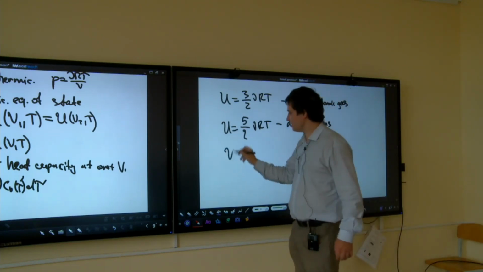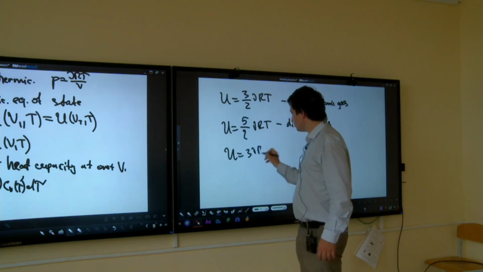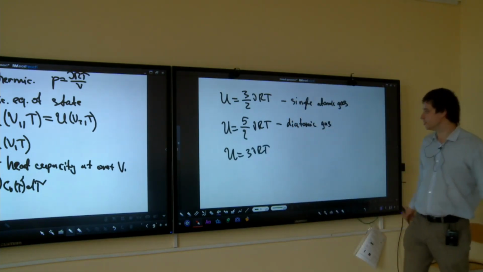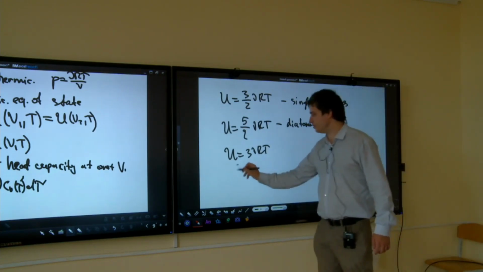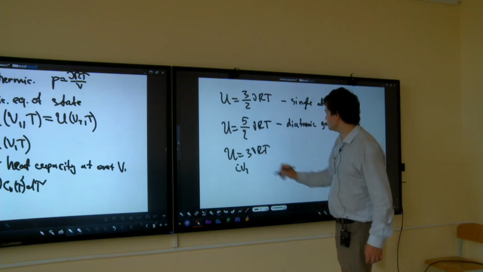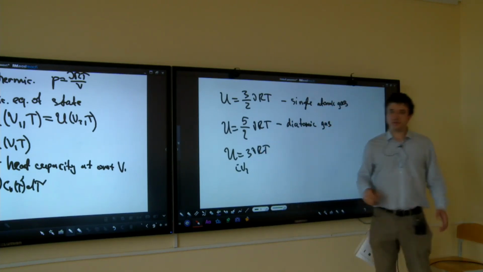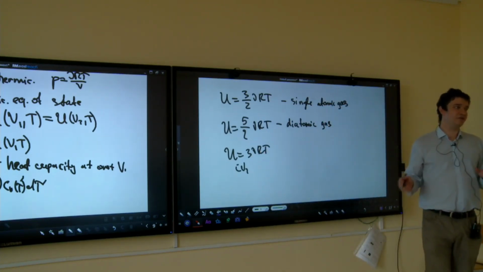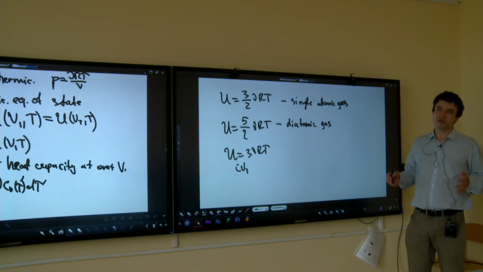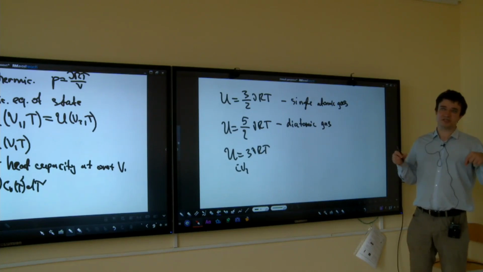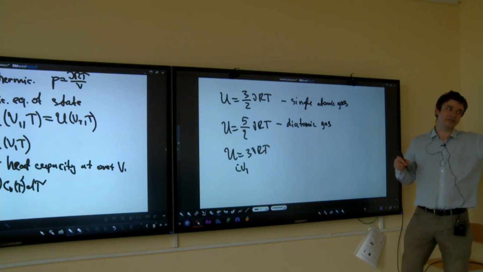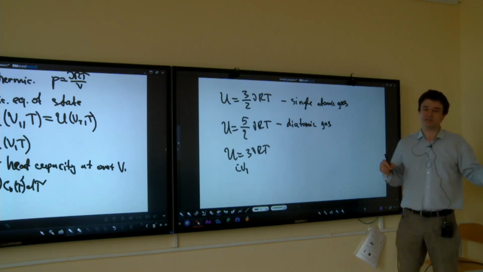And here, 3 nu RT when the number of atoms in the molecule is larger than 2, like, for example, CO2 or something like this. But these expressions are valid only in a limited interval of temperatures, and that will be discussed in one of the following lectures related to the theory of heat capacity.